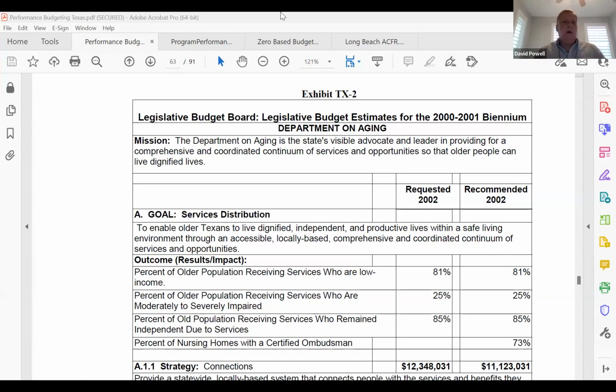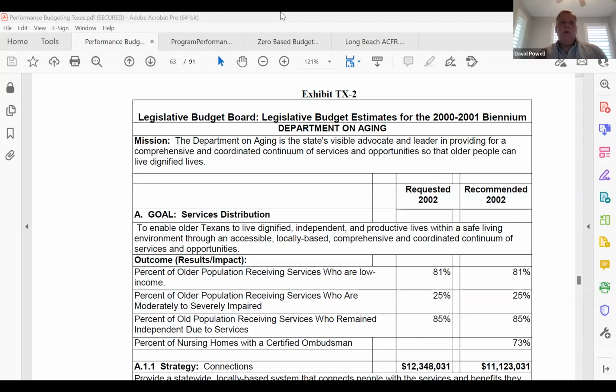You're probably not going to see a whole lot of program-based budgets and probably not a whole lot of zero-based budgeting either. I think in all the years of teaching budgeting here at Cal State Long Beach, I've seen maybe a handful of examples of cities that have tried to use some type of zero-based budgeting, but it is highly, highly unusual just because it takes so much time and so many resources.